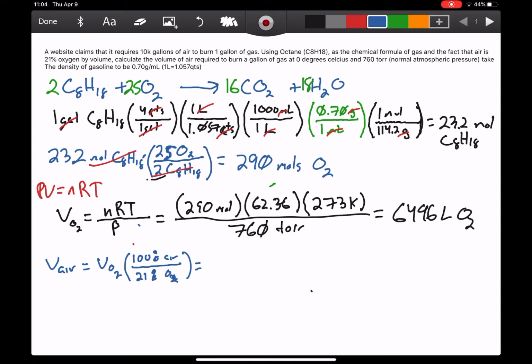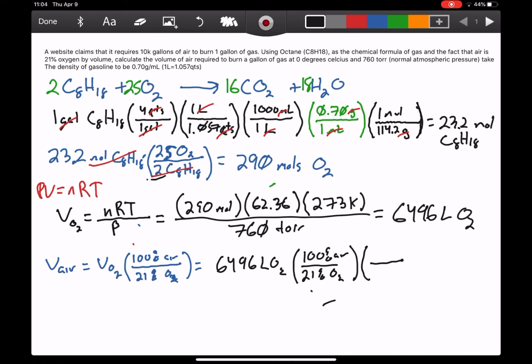So if we do that and we take our 6496 liters of O2, and then we know that 100% air is only 21% O2, and we know that 1.057 quarts is equal to 1 liter. And now we know that 4 quarts is equal to 1 gallon.